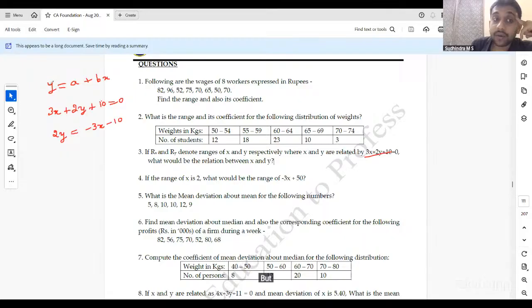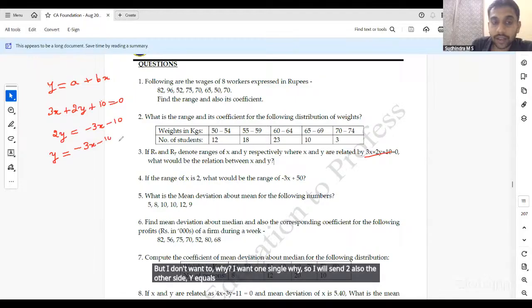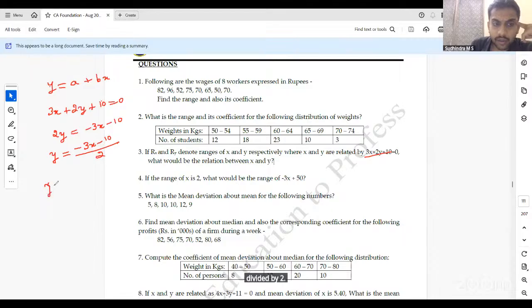But I want one single y, so I will send 2 also to the other side. y equals minus 3x minus 10 divided by 2. y equals minus 3 by 2 x minus 10 by 2.